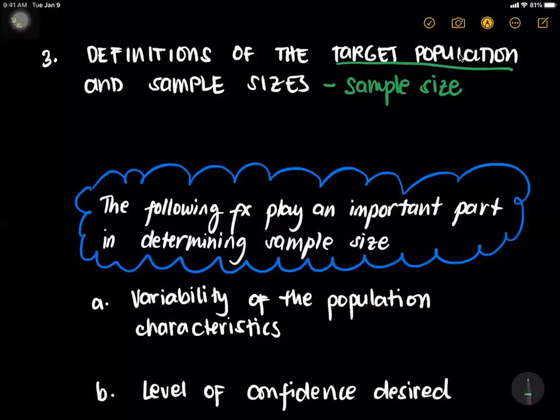Now, but let me just give a little overview of why we still need to get a sample. Remember that in some cases your target population is too large or too vast or really very massive, that getting all the information from each and every member of the population would be impossible.